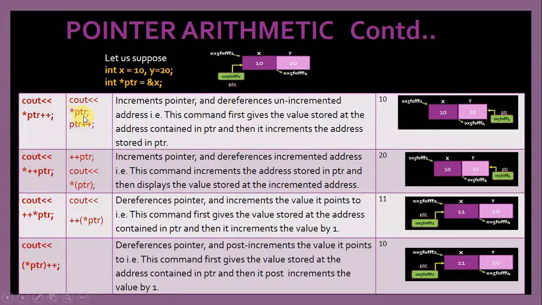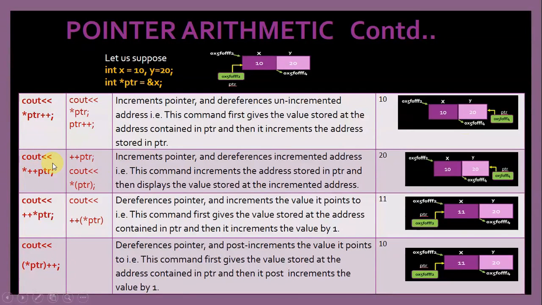So when I say star ptr, it will display the contents which are present at this address and this is 10. So 10 will be displayed and after that ptr will be incremented and suppose that they are at consecutive locations. So ptr will contain the address of y now. Because it is of integer type, 2 bytes will be added to it and it will point to the next location, which is the location of y, variable y.